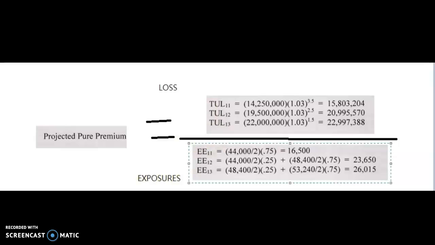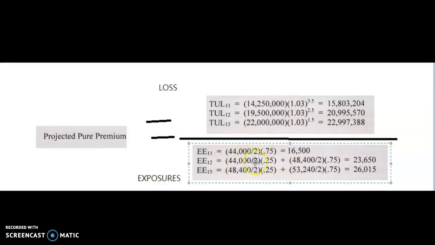And how do we get the exposure part? The exposure is to calculate the earned exposure for each calendar year. Since each policy has 6 months, the written exposure units are 1/2 of the written policy.